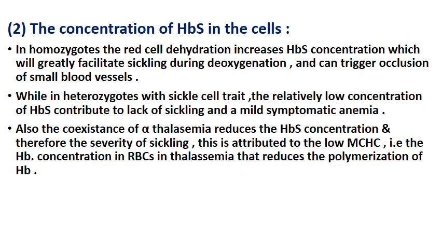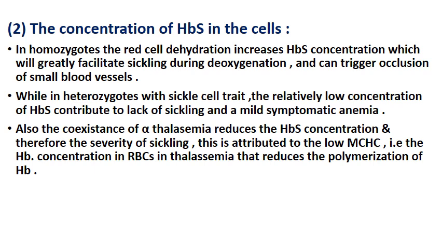At the same time, sometimes there is coexistence of alpha thalassemia, that is, two hemoglobinopathies. It will reduce the hemoglobin S concentration because there is other hemoglobin contributing to the total hemoglobin concentration.